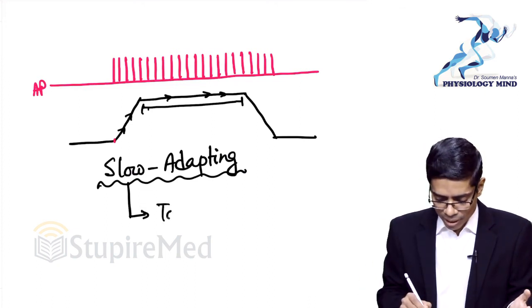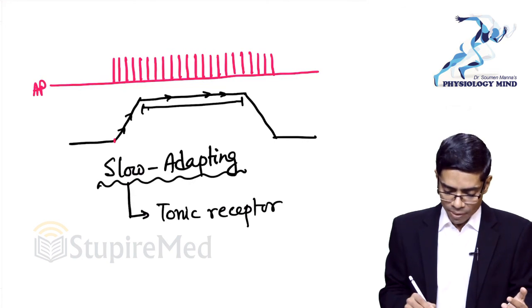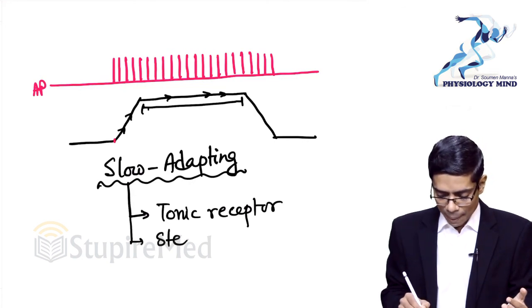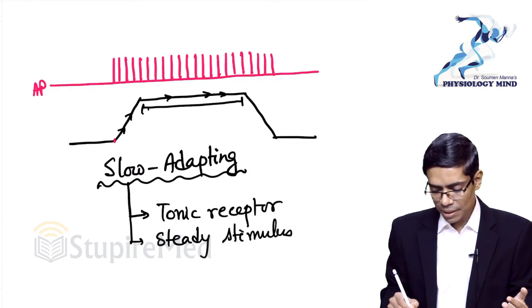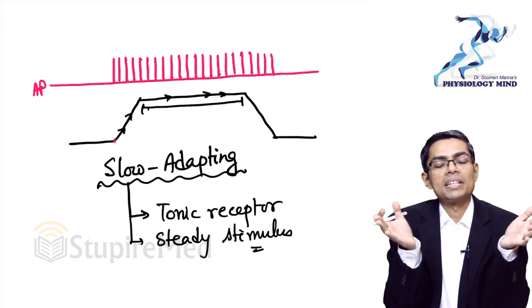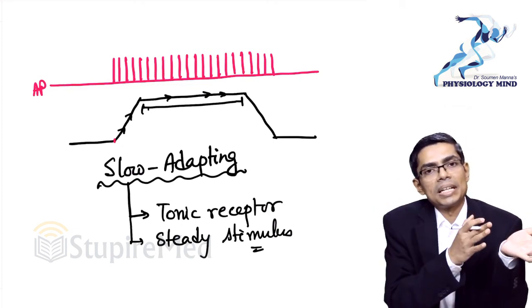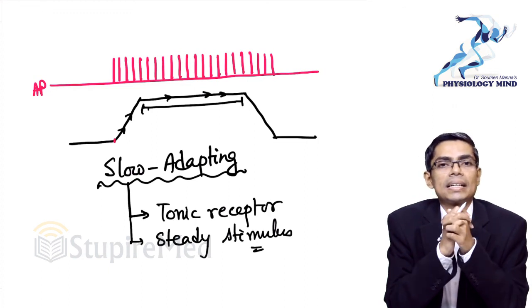That's why they are known as tonic receptors. They are best for detecting steady stimulus. Based on this adaptation, we have divided the receptors into rapidly adapting and slow adapting receptors. Am I clear? So this is all about the tactile receptors.